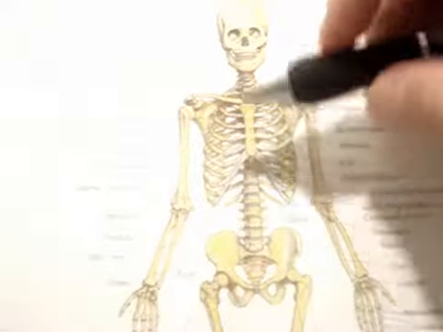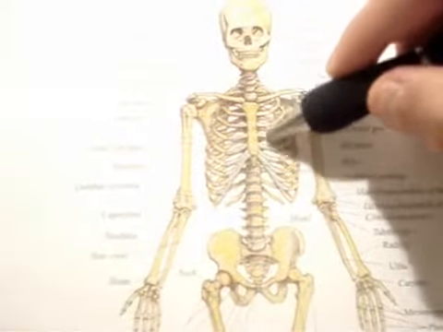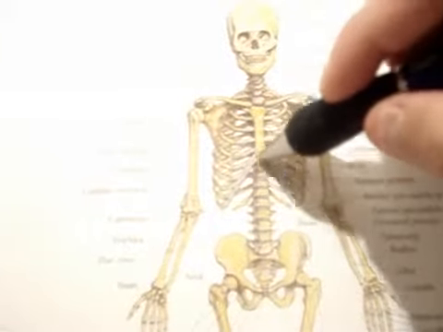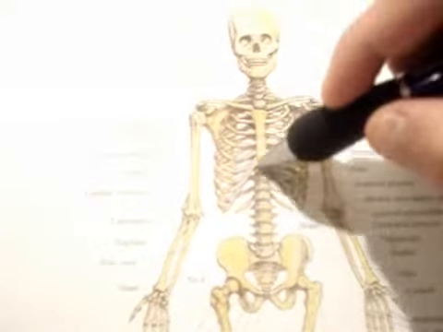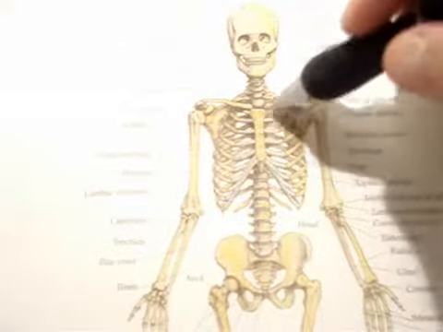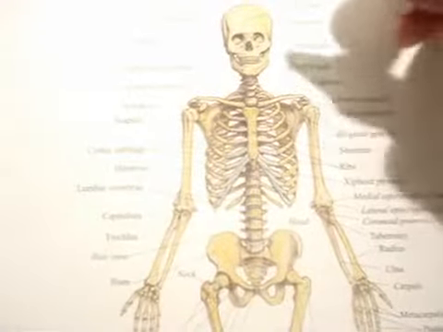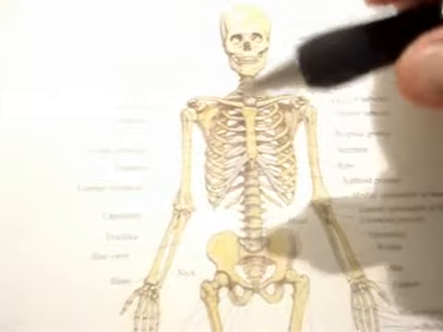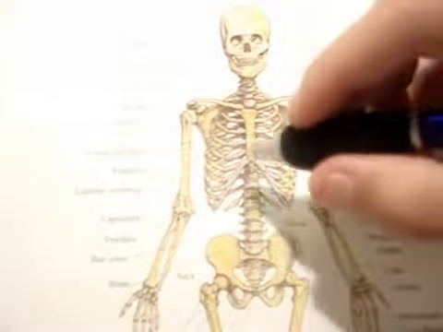Next, we look at the chest. The chest contains ribs, and the vertebral column in this region on the back is called the thoracic vertebral column. We'll look at that later.